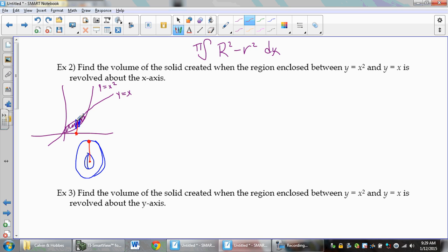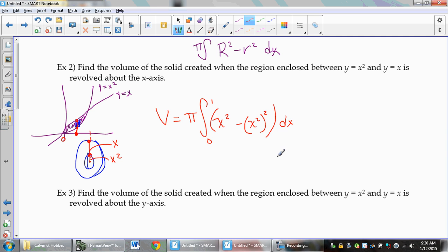So from here to that, which is y equals x. And then my inner radius goes from here to the bottom curve, which is x squared. So the volume of the thing that I get when I spin this around the x-axis is pi times the integral from 0 to 1, trust me on that, of outer radius squared minus inner radius squared dx.